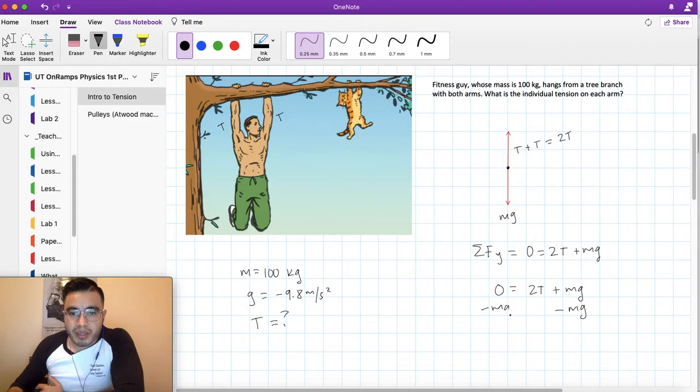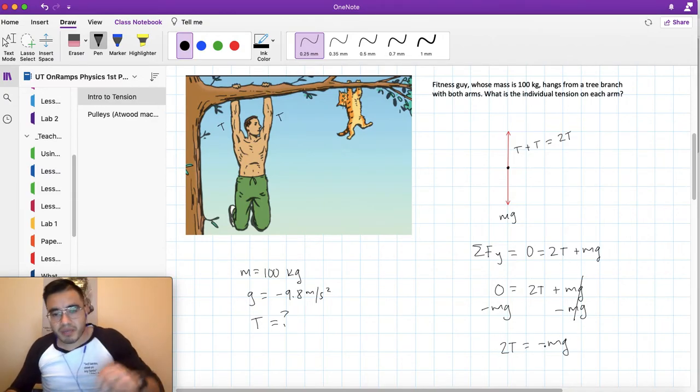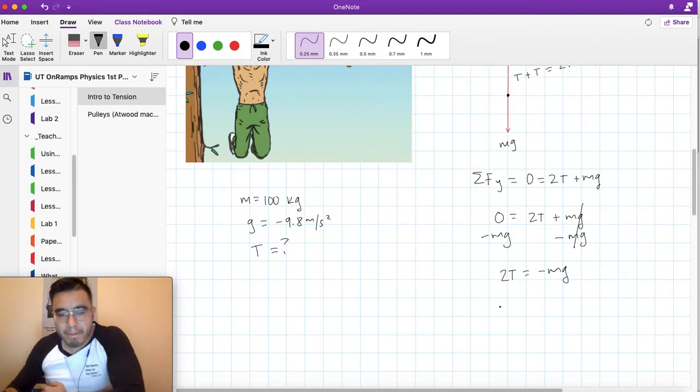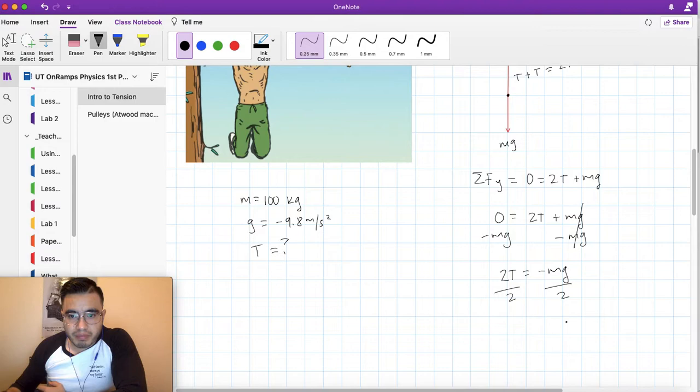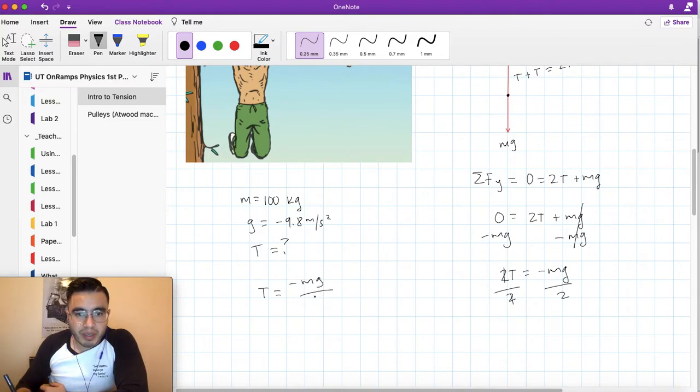Since I'm trying to find the tension, this cancels, so I have 2T is equal to negative mg. Now let's divide by 2. So we're trying to find T. This cancels, and my final equation says that tension is equal to negative mg divided by 2.